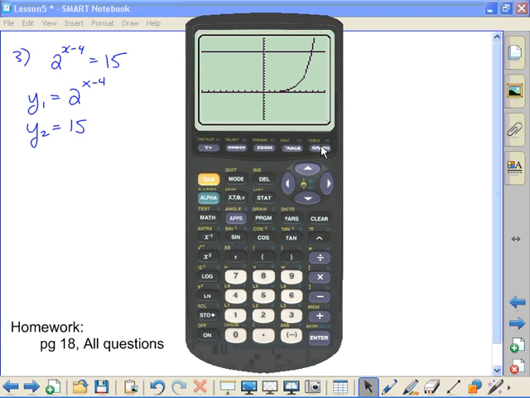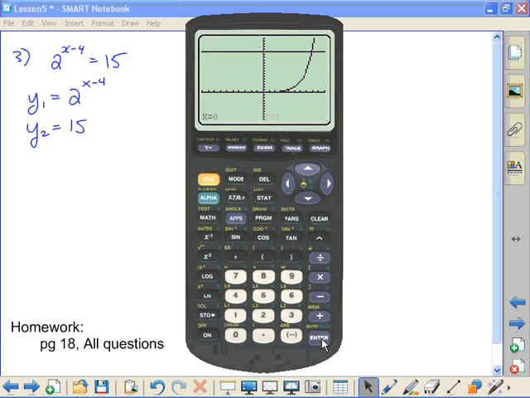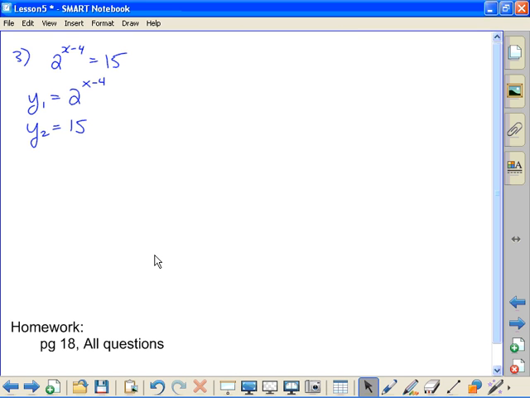Now, when you go to calculate it, so trace, and then 5, there's my first curve, second curve. So I found the point of intersection. It's at 7.9. So the point of intersection is 7.9 and 15. So the x value is equal to 7.9.